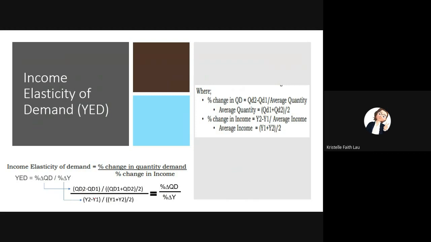To get the percentage change in quantity demand, our calculation here is QD2 minus QD1, divided by the average, QD1 plus QD2 divided by 2. For the percentage change in income, the letter just changes from the price P to income, so we use Y. So Y2, the new income, minus the old income, divided by the old income plus new income divided by 2. So now let us proceed sa ating example.